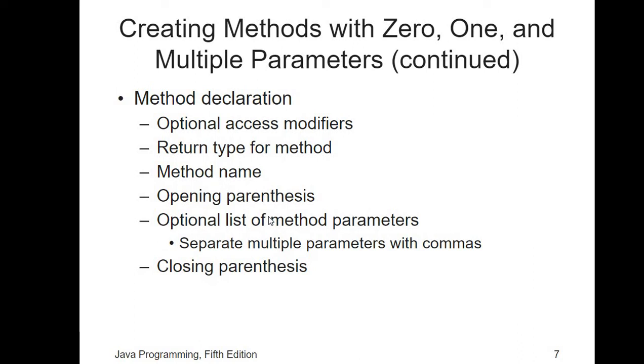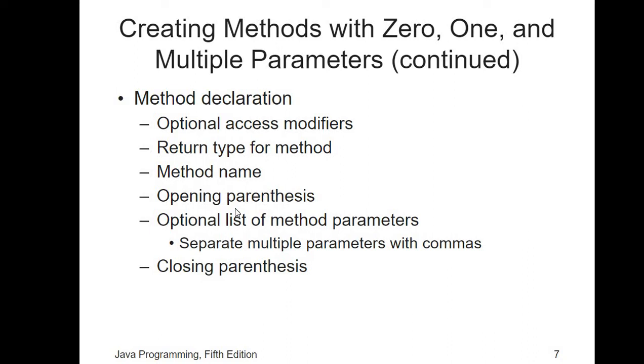Okay, so we have these parts when we declare a method. In method declaration, we need optional access modifiers, return type for method, the method name, opening parenthesis, optional list of method parameters.